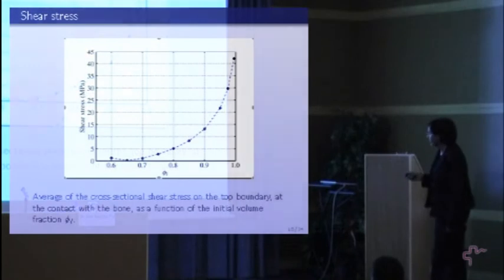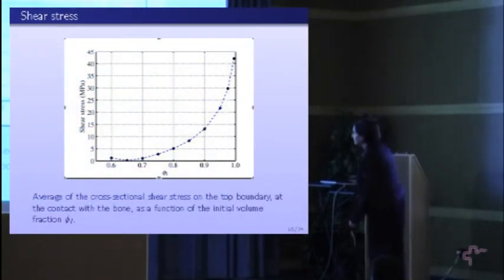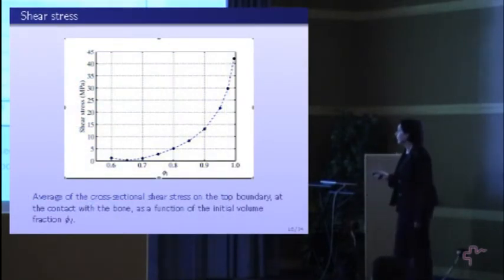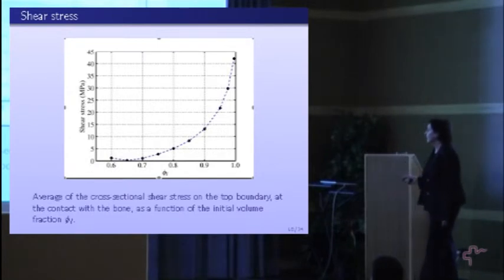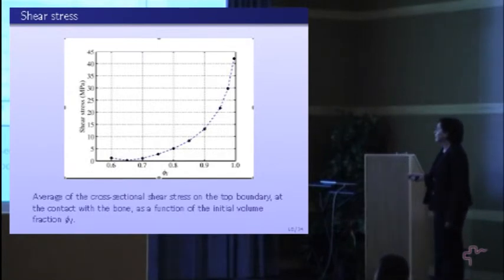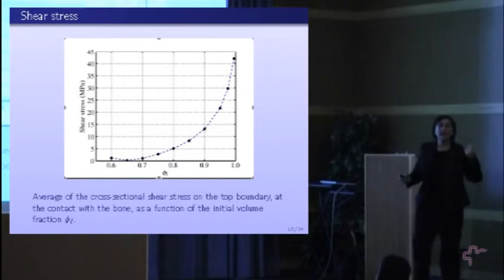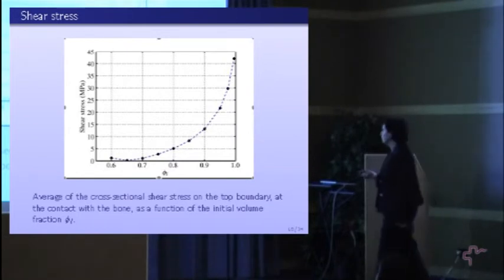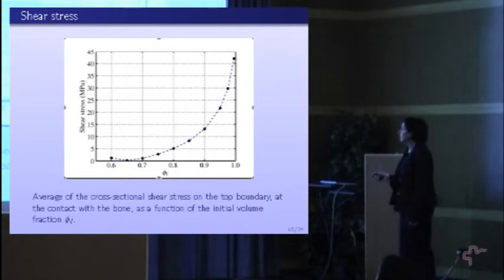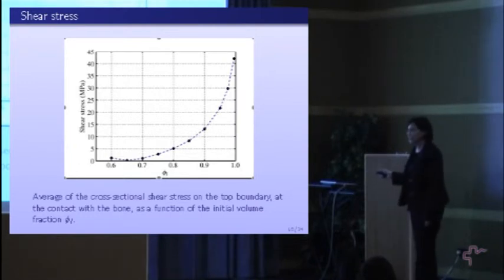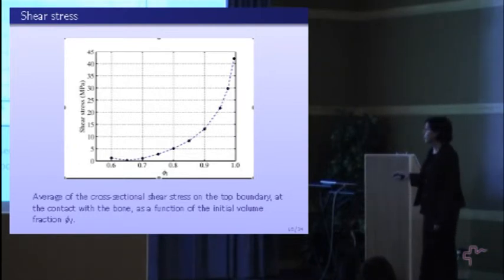Now, here is one of the features that we get out of these computations. For example, here you see a quantity, this phi. It says when the implant is still sitting on the table in the operating room, it might have a little bit of water, a little bit of moisture. So what we see is how much the shear stress, the tangential stress at the interface, depends on the amount of moisture that the polymer may have carried initially.